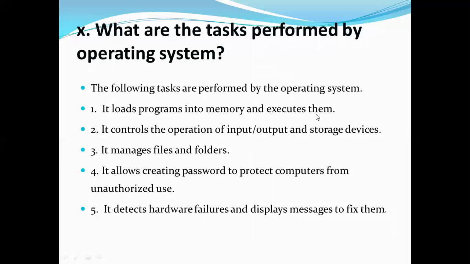Same feature as mobile. Program loading means whenever I open the computer, first of all the operating system, Windows, is loaded into RAM. RAM means random access memory. We will also discuss the memory topic in the coming chapters, chapter number 2. So it loads programs into memory and executes them.